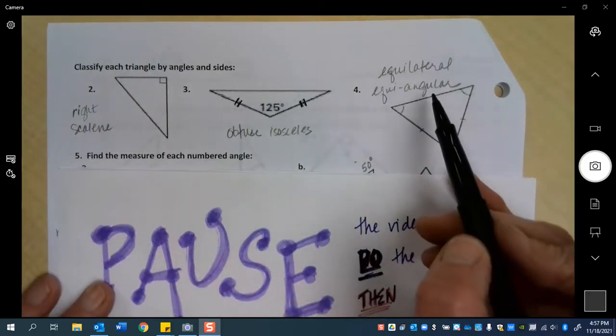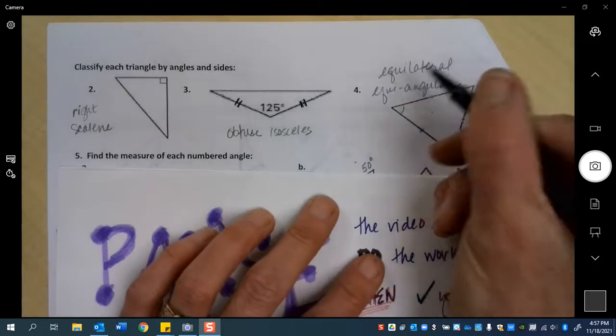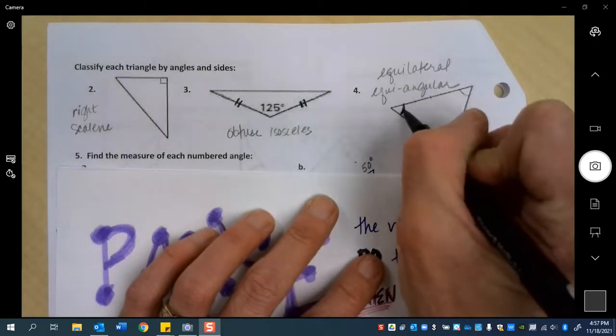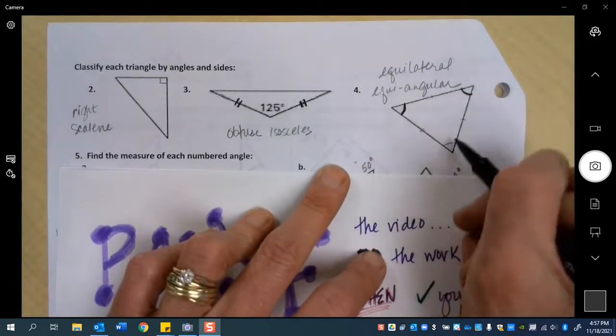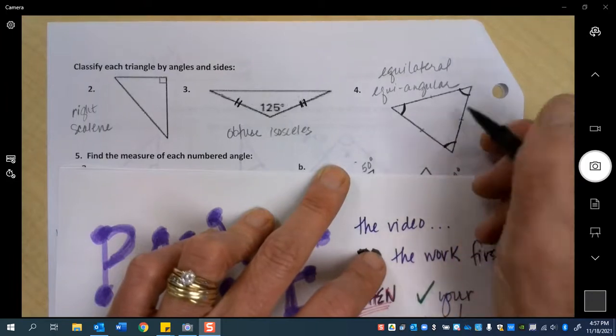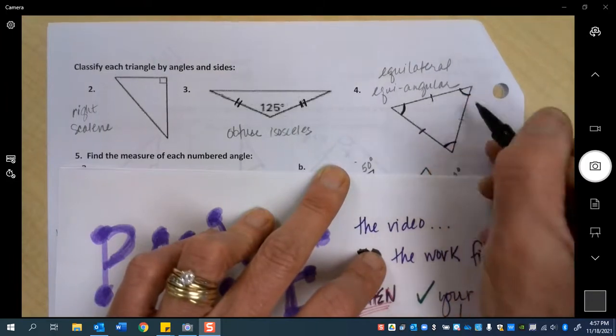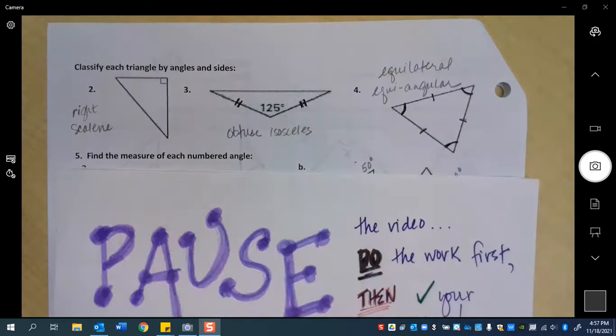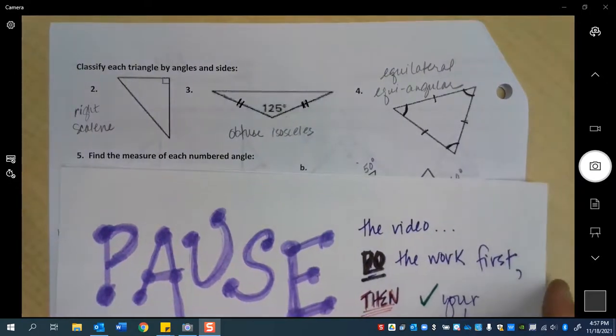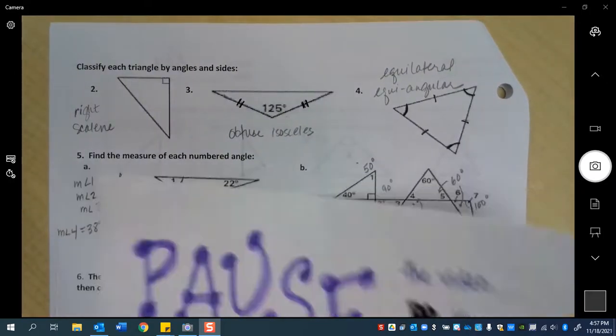Our equilateral and equiangular triangle, make sure you're using this word equiangular because I know they are all acute angles, but equiangular is the better word for what happens with that triangle.